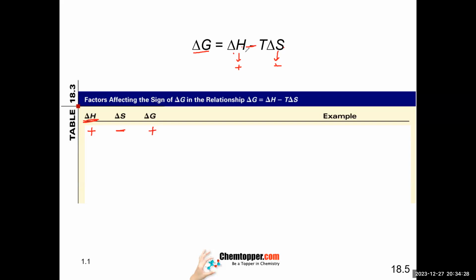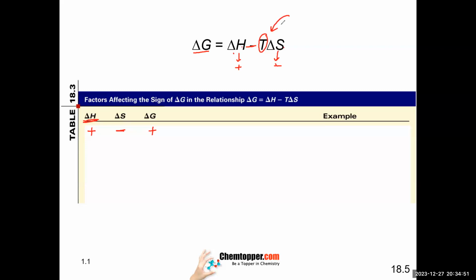Is there any way that you can make this delta G negative by changing the temperature? Temperature is the only variable. Just think about delta G as the driver of a reaction. It's the driver, right? But this driver has only temperature as the variable.